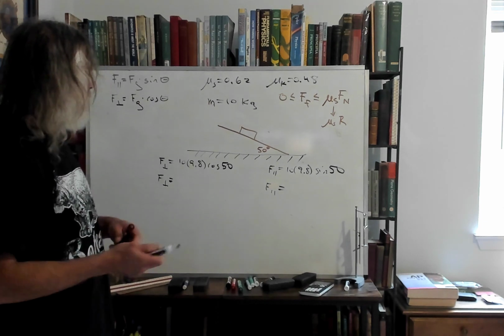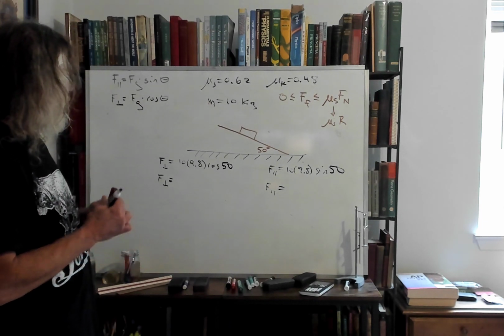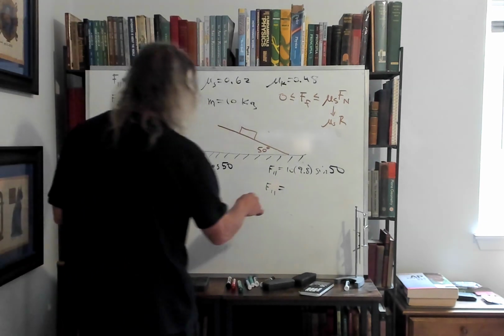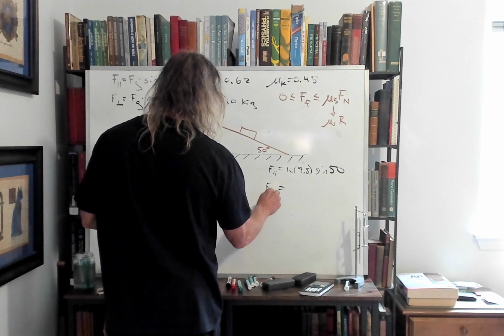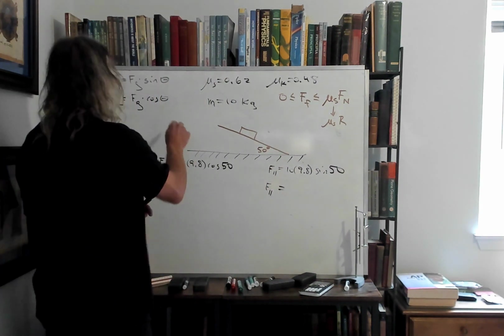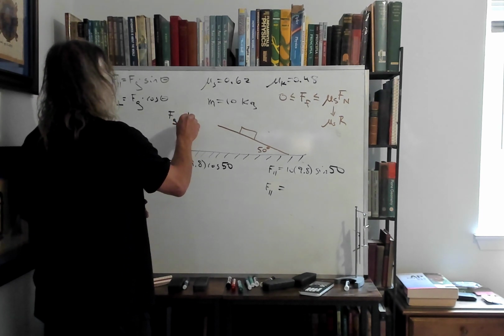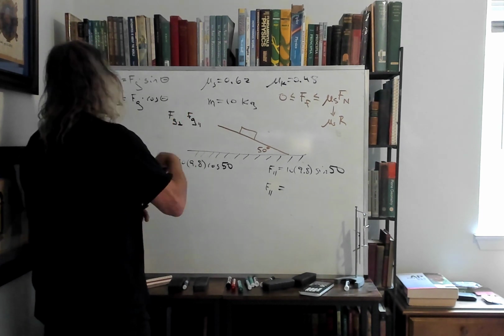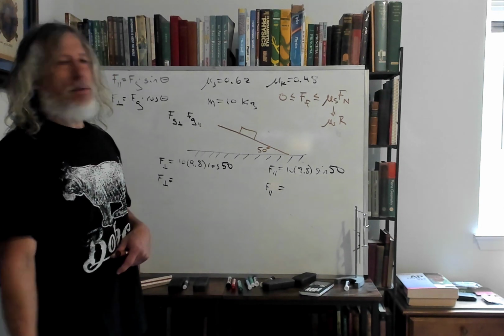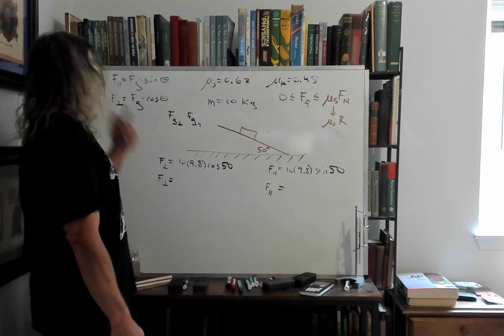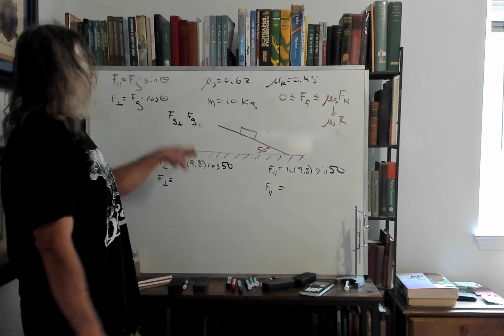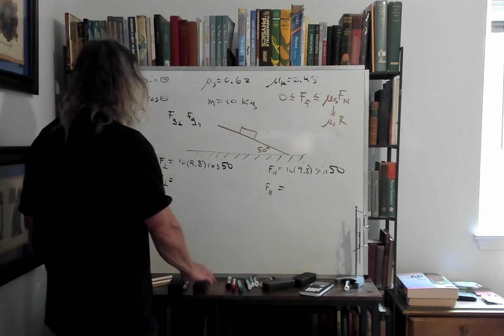And, oh, by the way, some people might write this like force of gravity perpendicular, force of gravity parallel, or weird stuff like that. But that's just too confusing, too much stuff here. We understand what's going on. I define it this way. It's easier. Not so much junk around there.